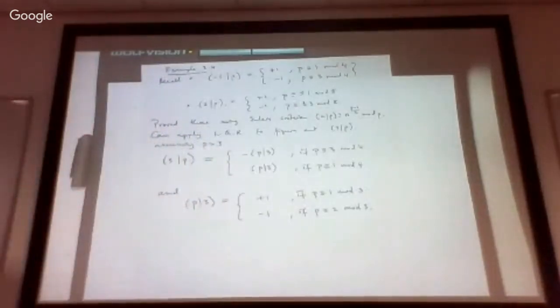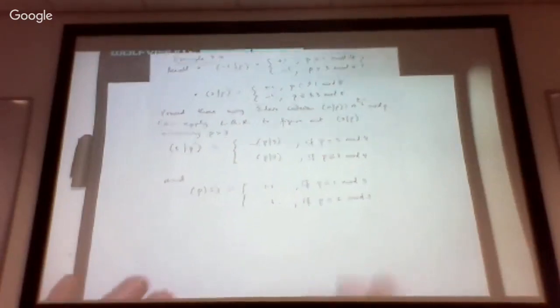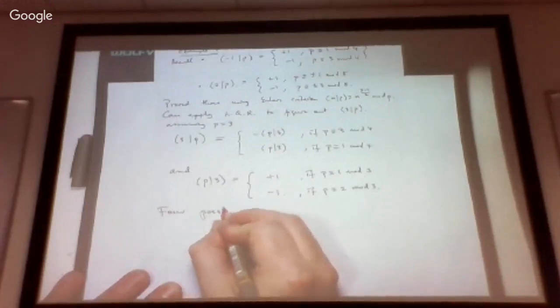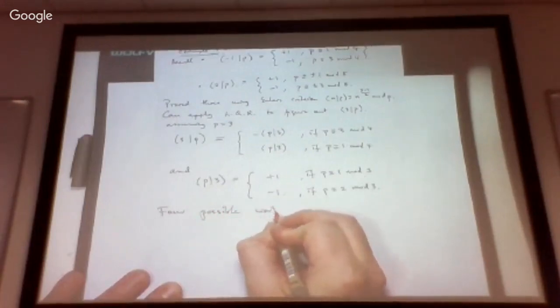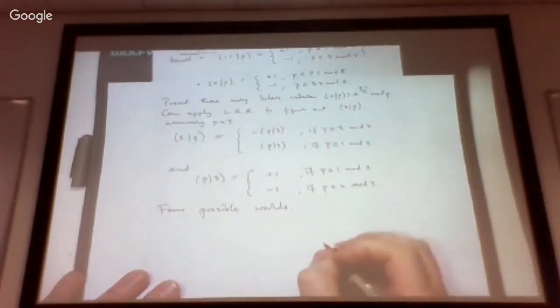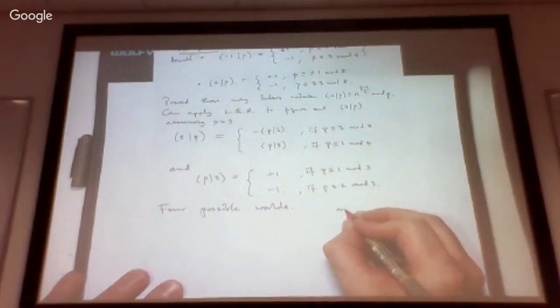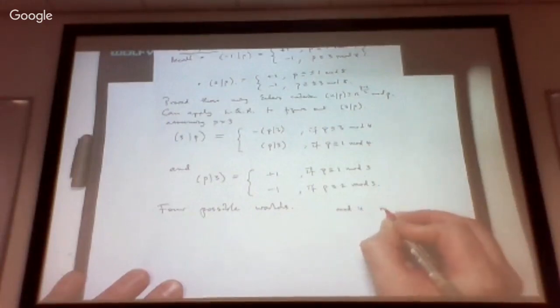You're looking at p two different ways, and in each case there are 2 values, so there are 4 possible scenarios. Four possible worlds: the modulo 4 view and the modulo 3 view.